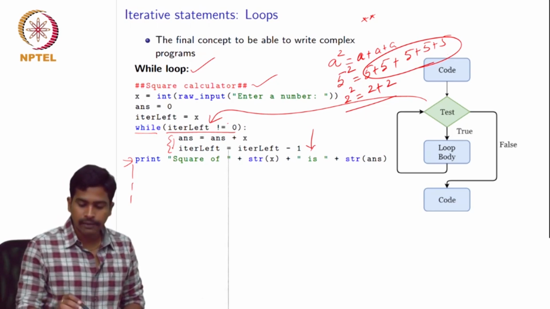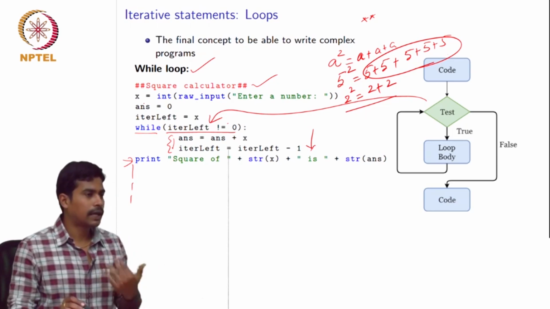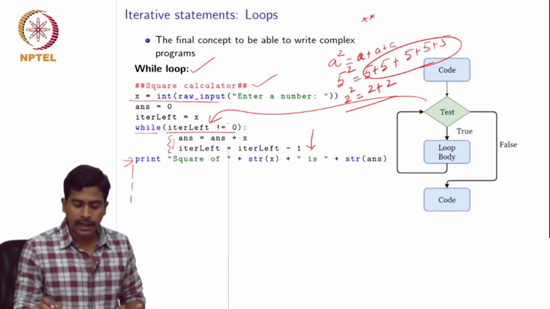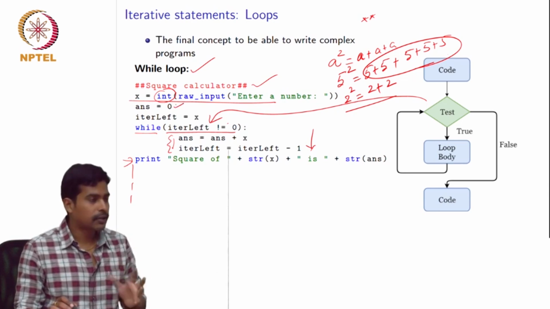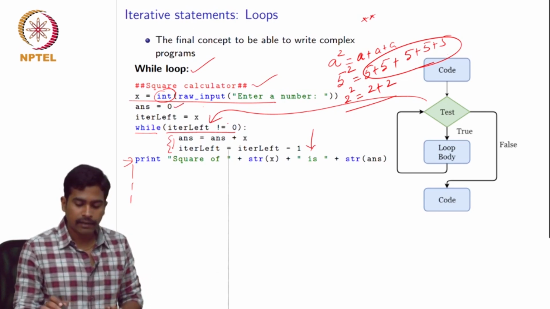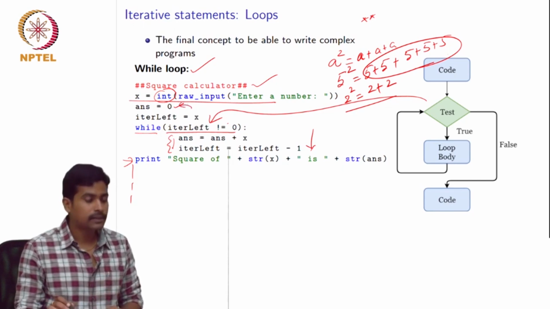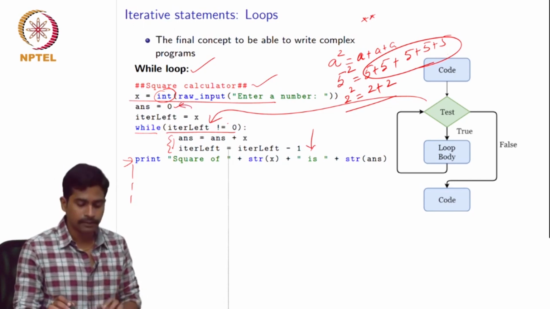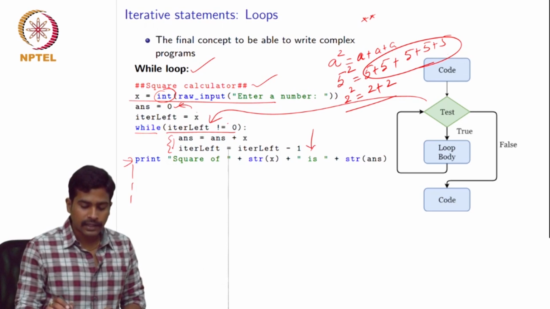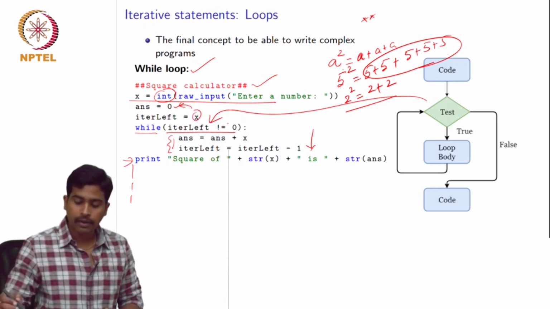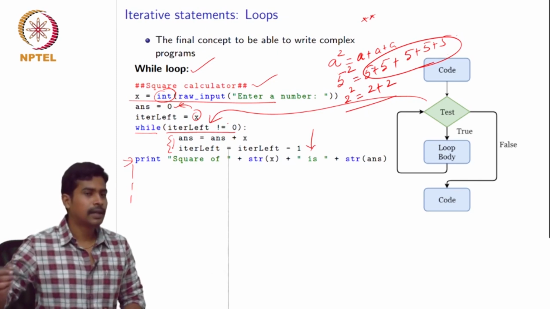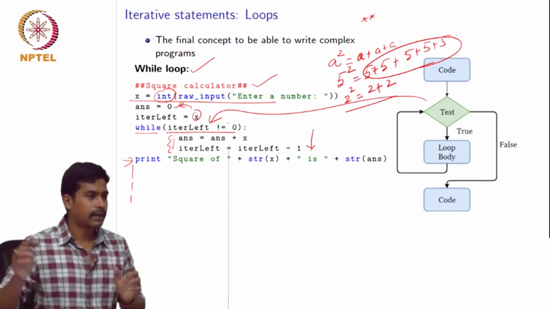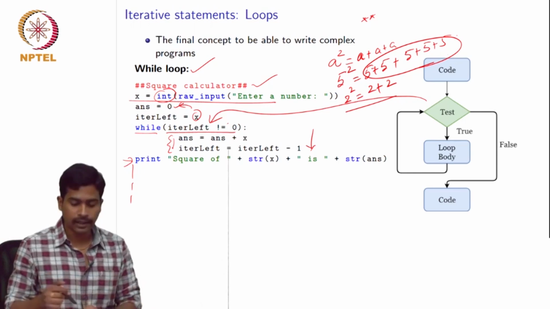Here initially we want to take the number whose square we want to calculate. I use this command and convert it into an integer, and we have declared a variable answer to be 0 initially, and whatever the final answer is we are going to store in this. The number of iterations, as we have seen, if you want to calculate 5 square, it has to add 5 times. Similarly, if you want to calculate 10 square, you have to add the number 10 to itself 10 times. Okay.